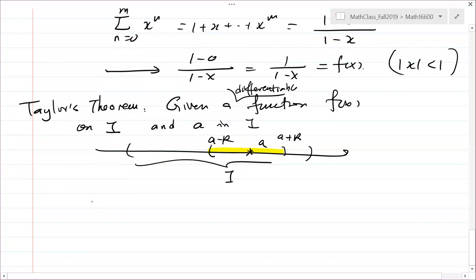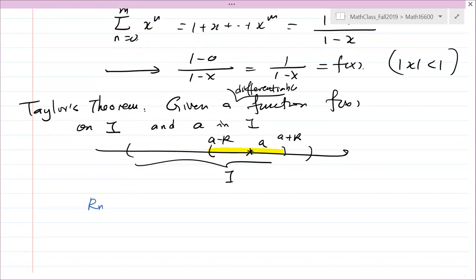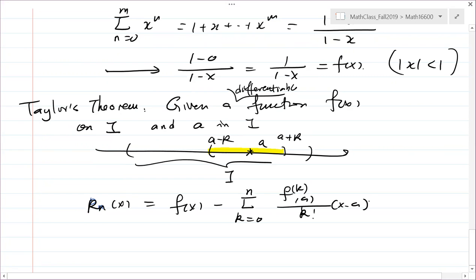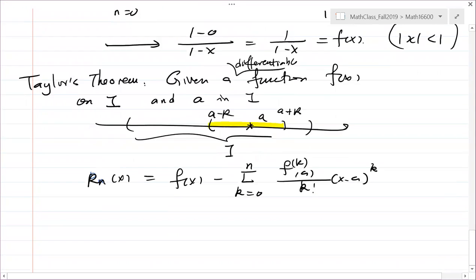What I'm going to do is consider the difference. The sum with k starting from 0 of f to the k of a over k factorial times x minus a to the k. So take the difference. That's the gap for the function.